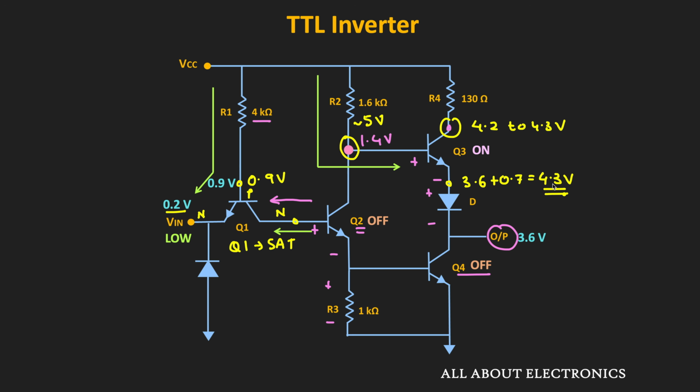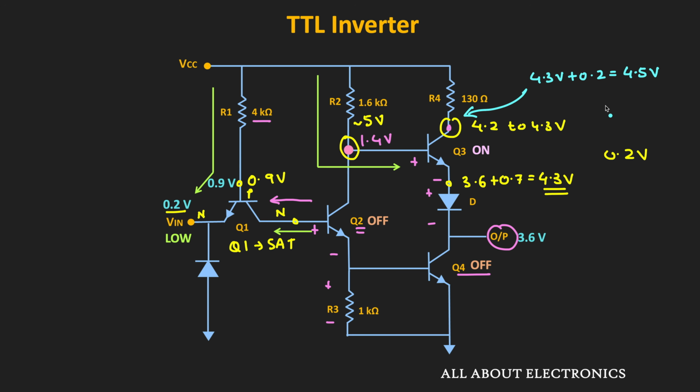Moreover, if we assume that this Q3 is operating in the saturation, in that condition also the minimum voltage drop across the VCE will be equal to 0.2 volt. So in that case, the voltage at the collector would be equal to this 4.3 volt plus 0.2 volt, that is equal to 4.5 volt.